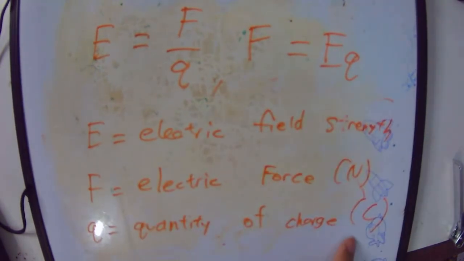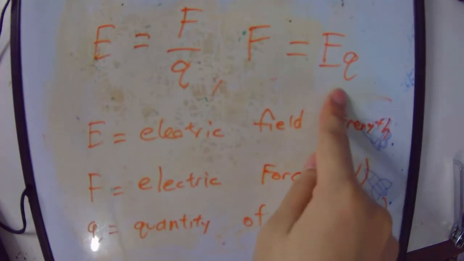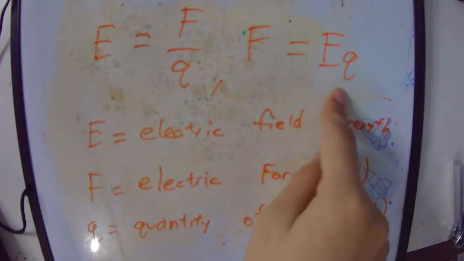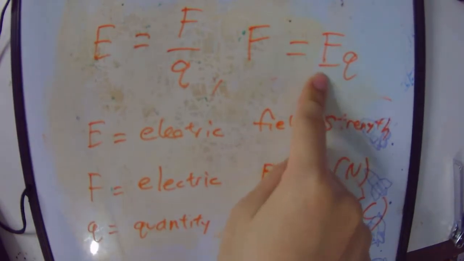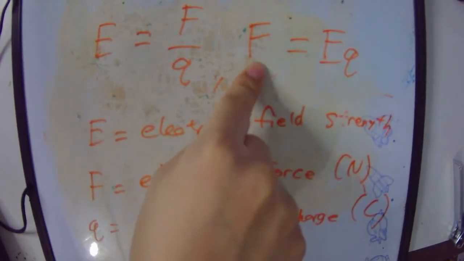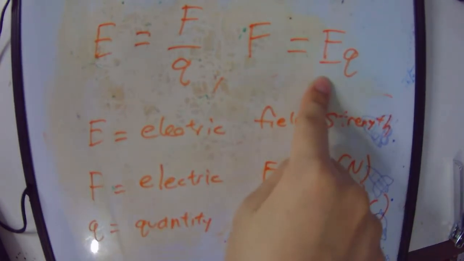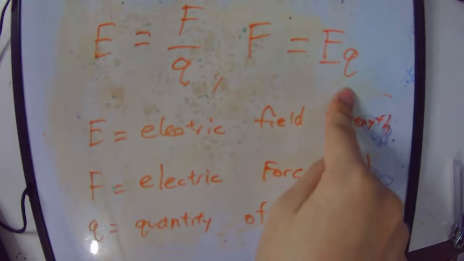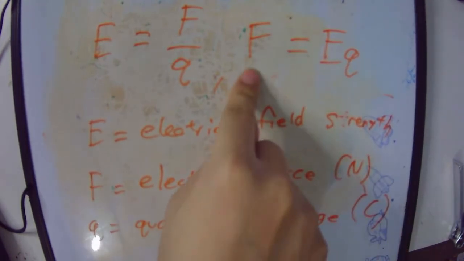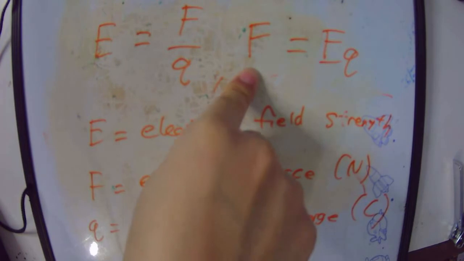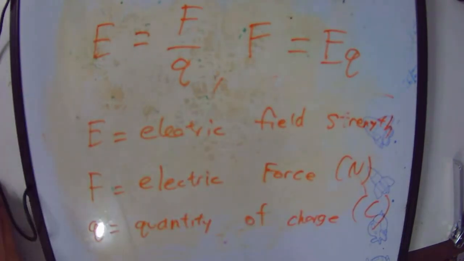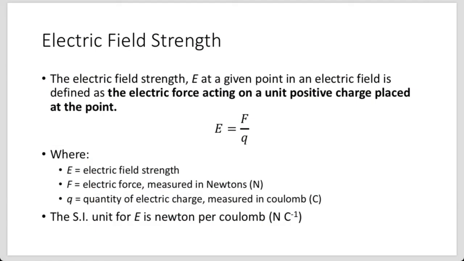So if we have a higher number of coulombs but the same electric field strength, then you'll have a higher force in total. Or if you have a higher electric field strength and the same amount of charge, you still end up with a higher force. These are all the things we have to consider when we are talking about electric field strength.